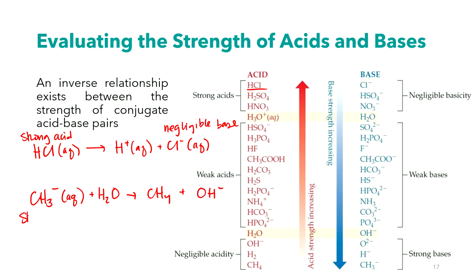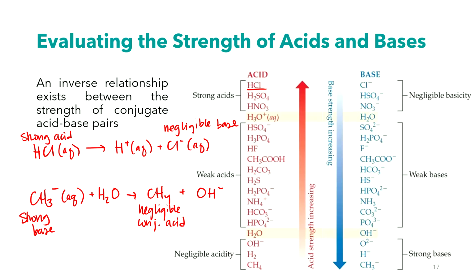So this is an incredibly strong base. It's really unstable. It has to have a proton. So when it gets that proton, it is not likely to give it away. So a strong base results in a negligible conjugate acid. As we go up in strength on one side, we're going down in strength on the other.